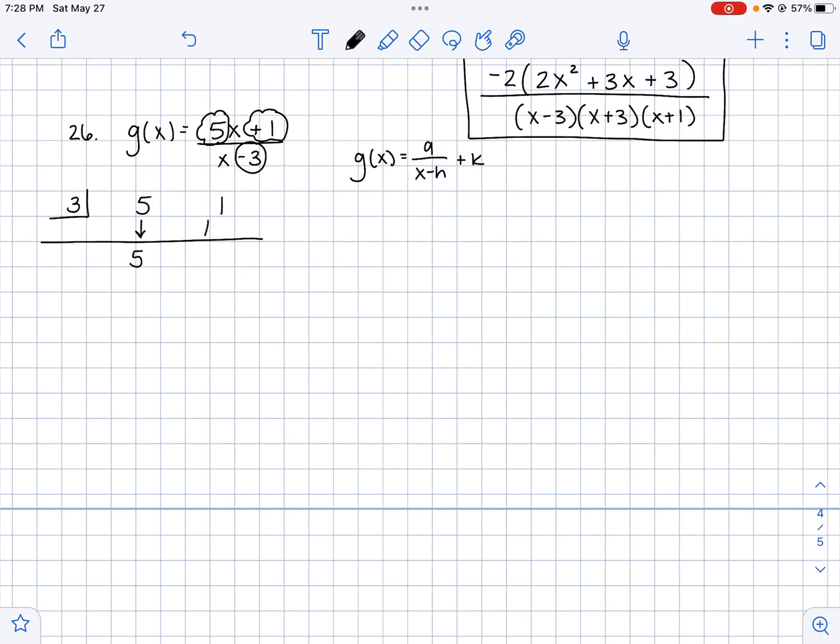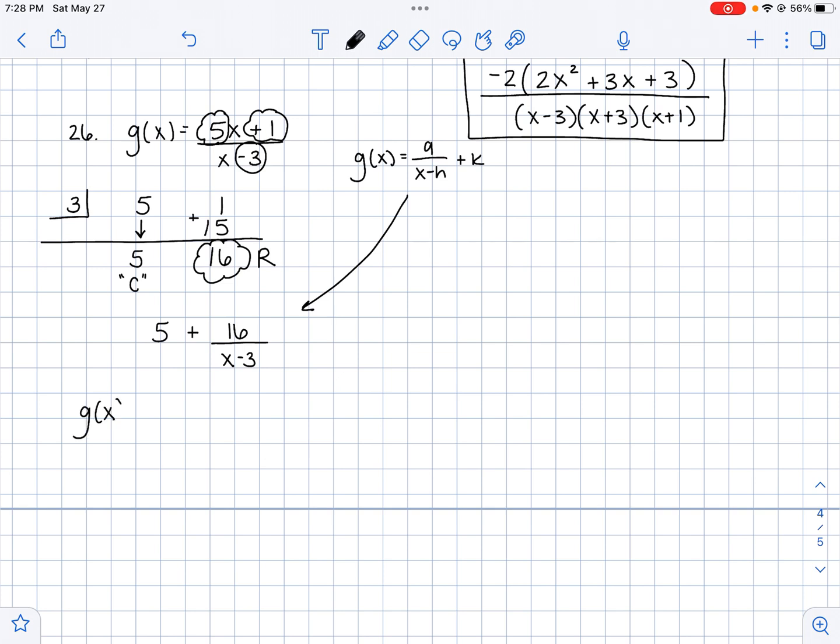I bring down the first number to start. 3 times 5 is 15. And then I add down, 16. Okay, so this one's really short. This is the remainder. And this is just a constant value. So if I were to write this, it would be 5 plus 16 over x minus 3, because that's what I divided by.